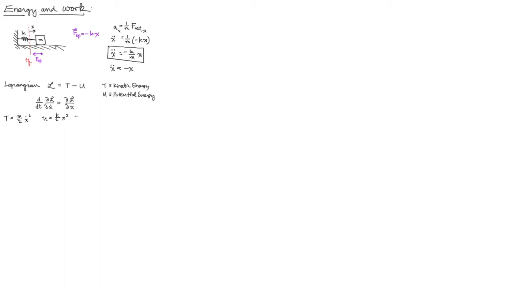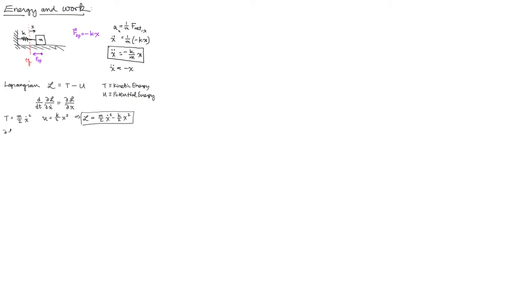And therefore the Lagrangian is the difference of those two, m over 2 x dot squared minus k over 2 x squared. So this equation here tells us just step by step: take a partial with respect to position, take a partial with respect to velocity of this Lagrangian, and then that will end up giving us an equation of motion.